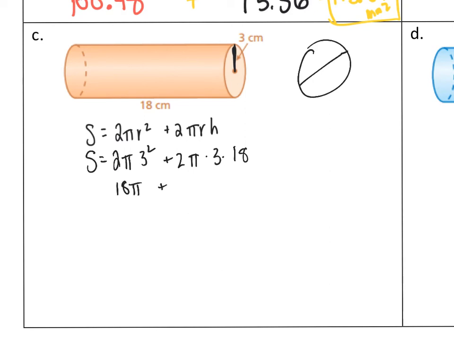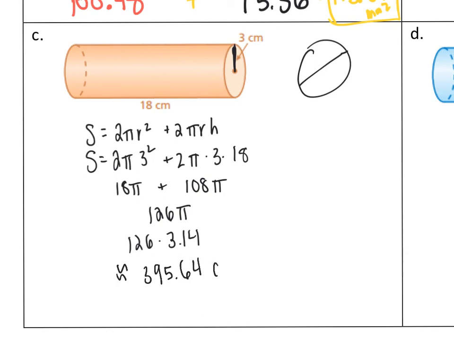And 3 times 18 is 54, and times 2, we get 108 pi. 108 plus 18 gives us 126 pi. And when I now multiply 126 times 3.14, I get an approximate answer of 395.64 centimeters squared to find the surface area.